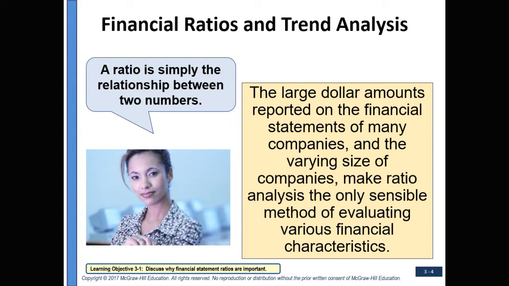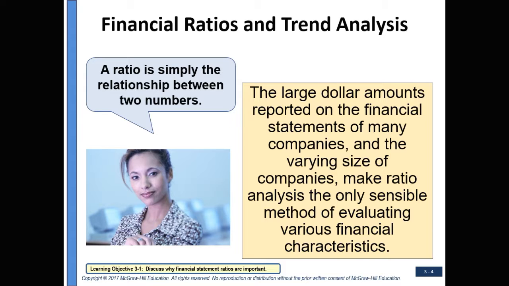So in all reality, a ratio is a relationship between 2 numbers. The large dollar amounts that are reported on the financial statements of many companies, and the varying size of different companies in the same industries, really make ratio analysis a sensible way to evaluate basic financial characteristics.